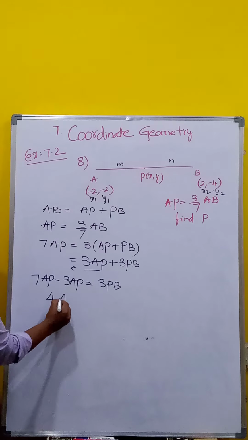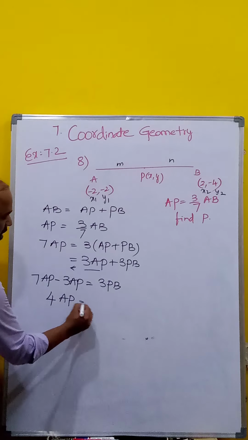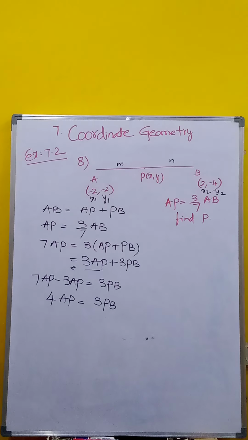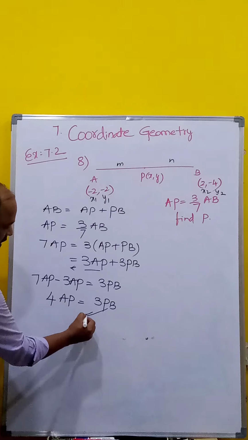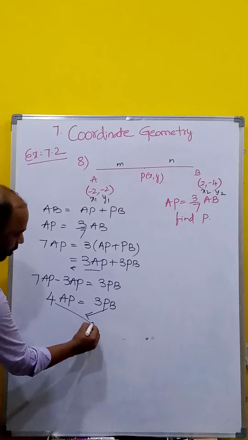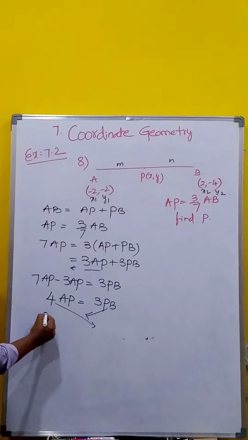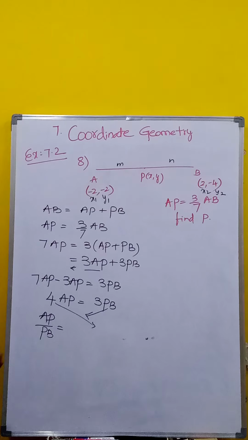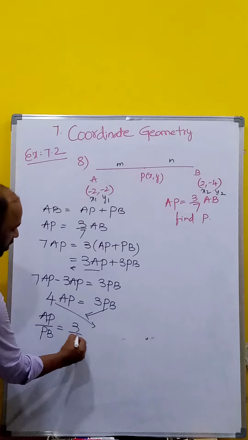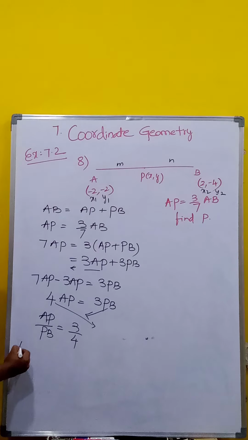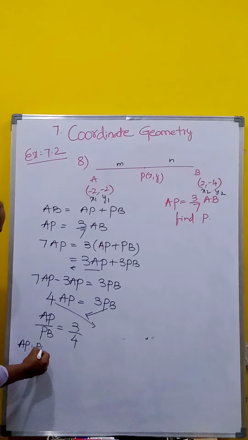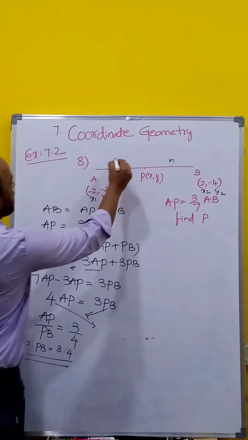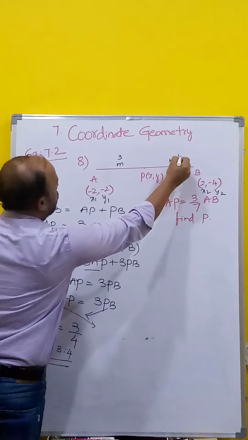It is 4AP is equal to 3PB. Now this PB transpose to this side. Then AP by PB is equal to 3 by 4. Then AP is to PB is 3 is to 4. We know now m is 3 and n is 4.